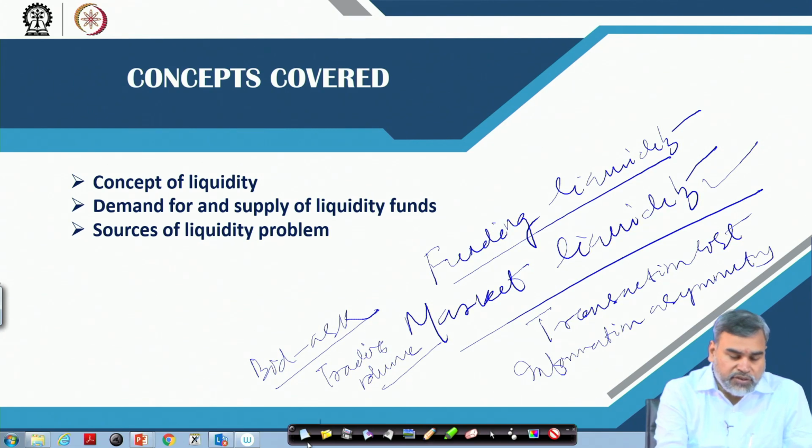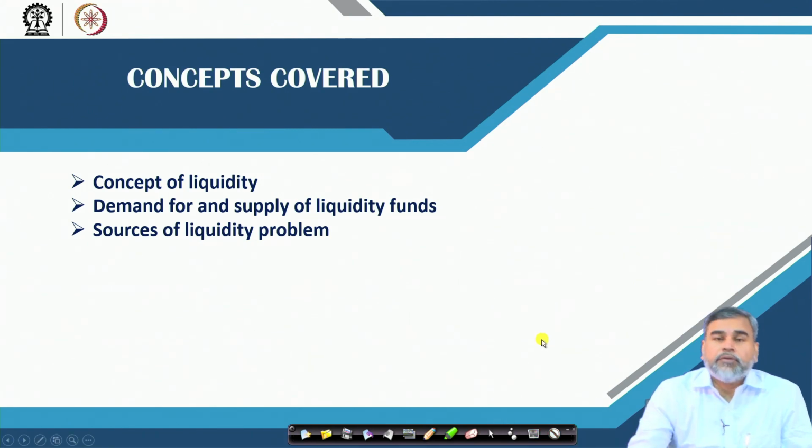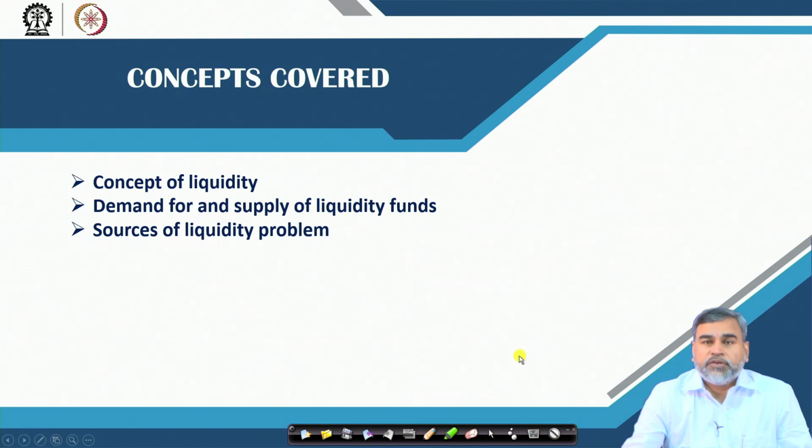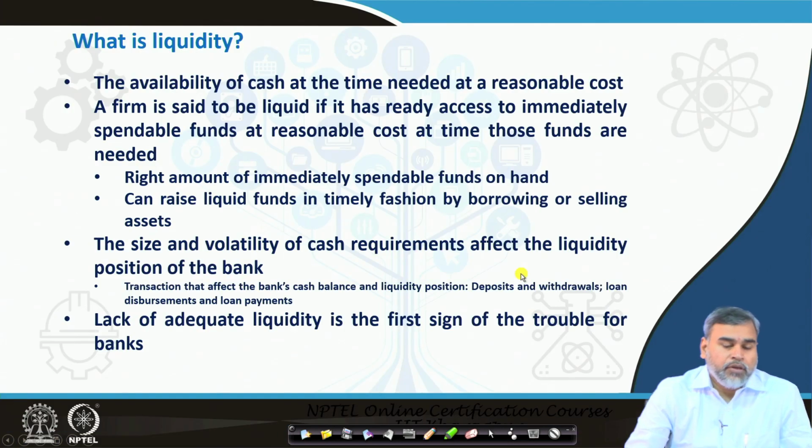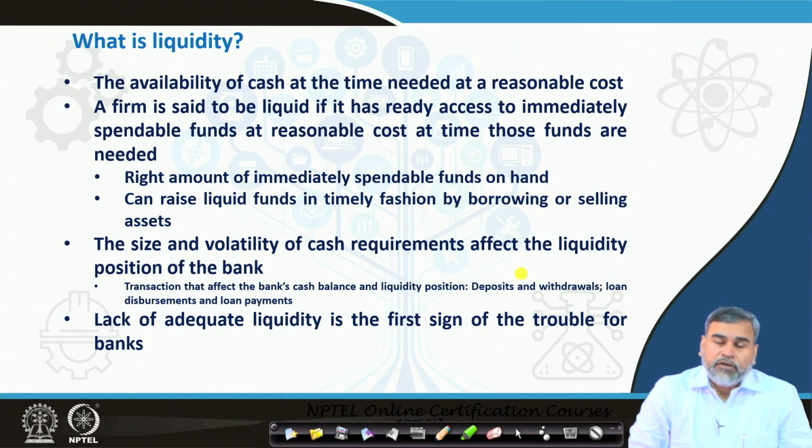So, let us start with the discussion on the concept of liquidity from the commercial banking point of view. Whenever you talk about liquidity from the banking perspective, it is nothing but the availability of money or cash at the time needed, at a reasonable cost.